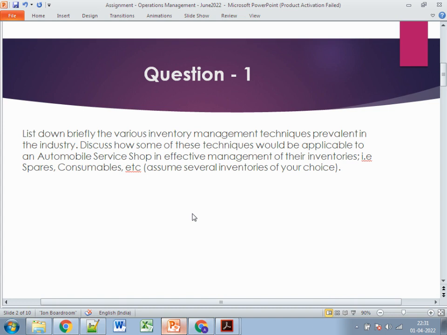Maybe you can consider any retail shop and understand what raw materials are required. If you relate it with the automobile, then it will be the spare parts and consumables, and how we can link it with our inventory management.